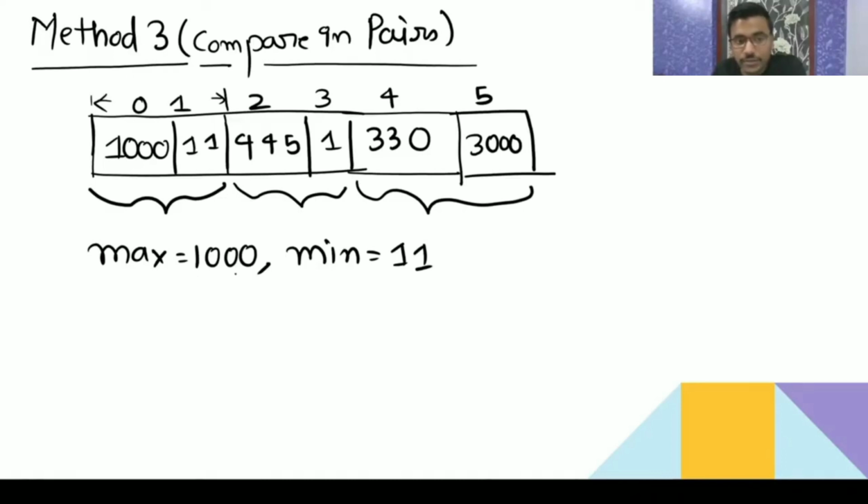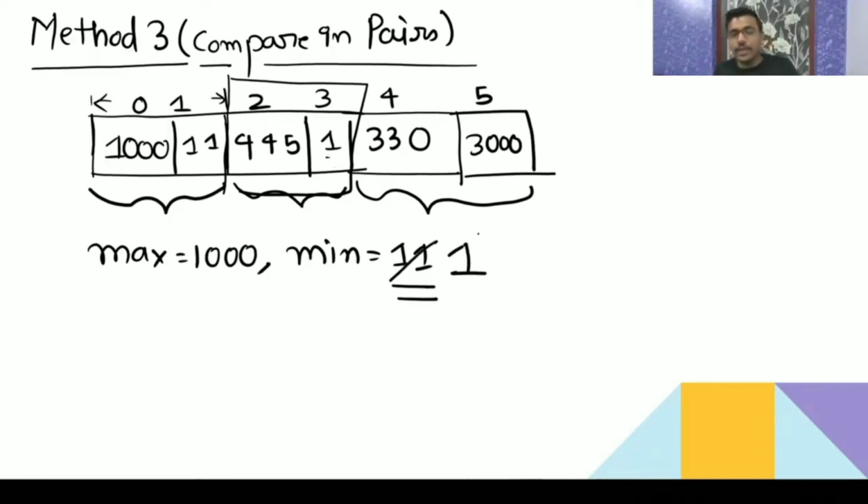Which is max between 445 and 1000? 1000 only, so 1000 remains the max. Now compare this pair's minimum with the actual minimum. Which is minimum, 1 or 11? 1. So you make it 1.